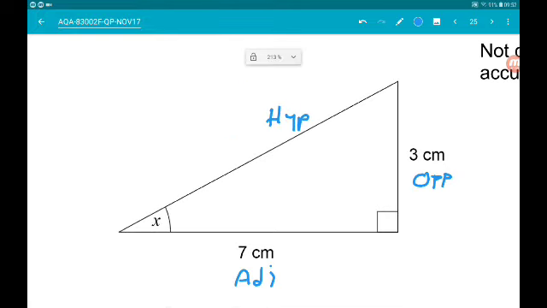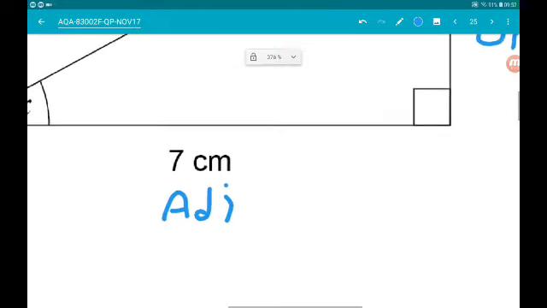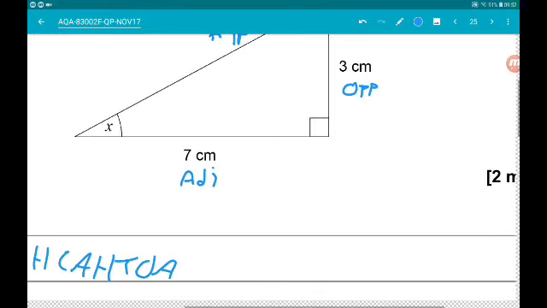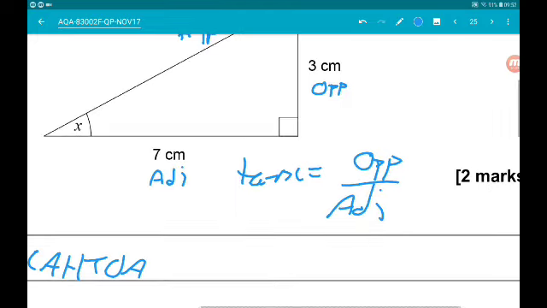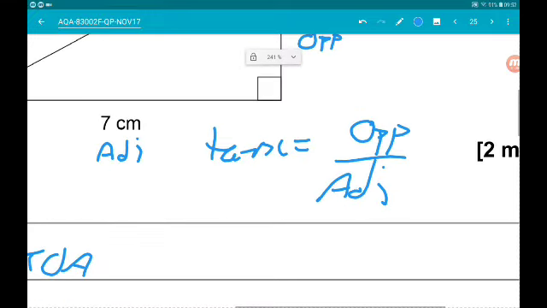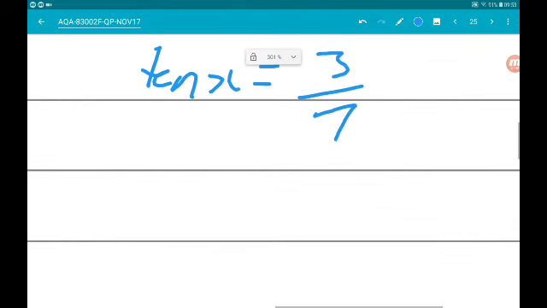So we got TOA because we got O and A. So TOA tells us tan of X is equal to the opposite over the adjacent. So tan of X then is 3 over 7.